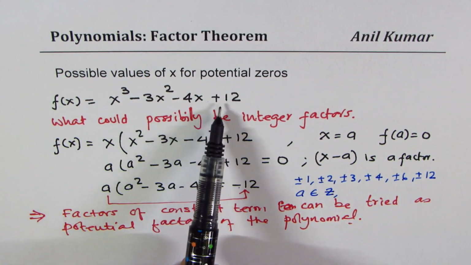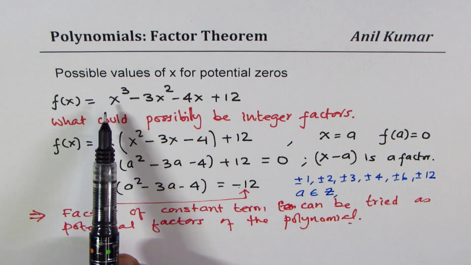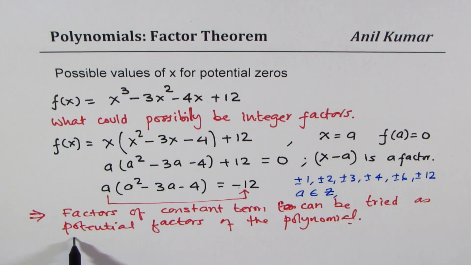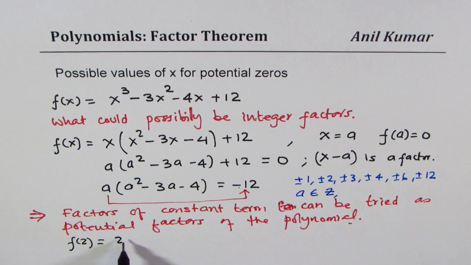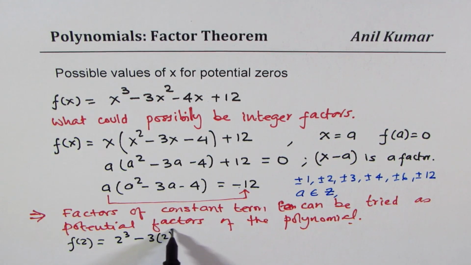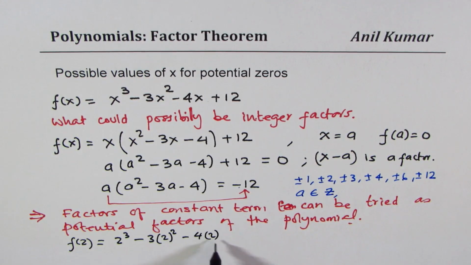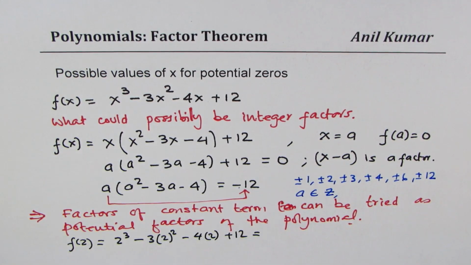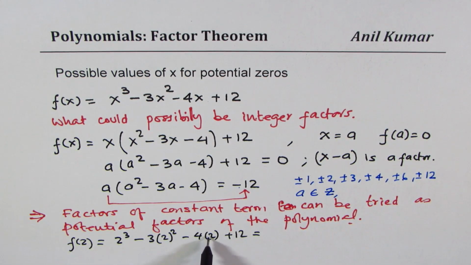So, for example, if I try 2, let's see what f of 2 equals. f of 2 is equal to 2 cubed, which is 8, minus 3 times 2 squared, minus 4 times 2, plus 12. 2 cubed is 8, and 4 times 2 is 8, so these two cancel away.